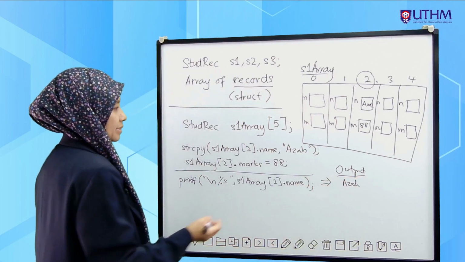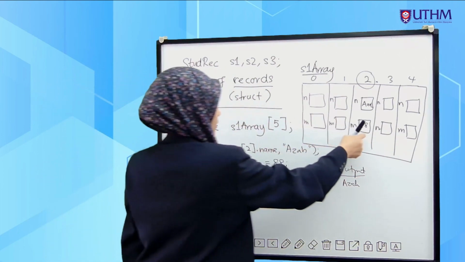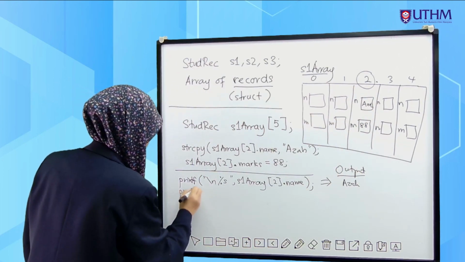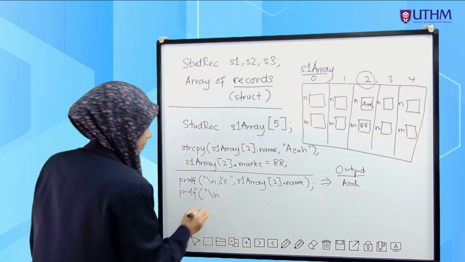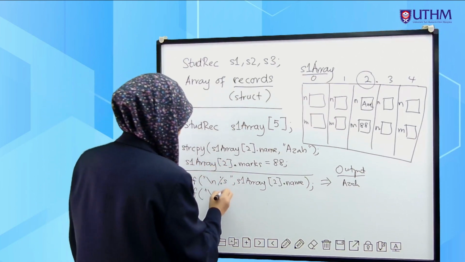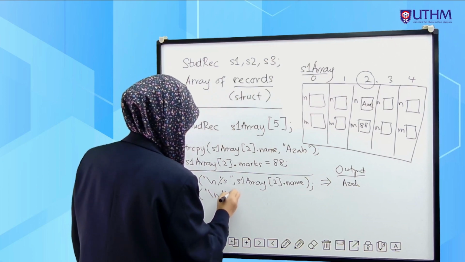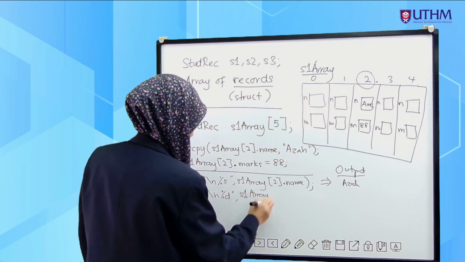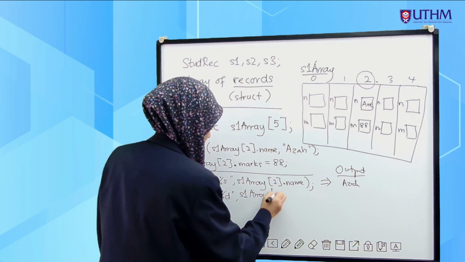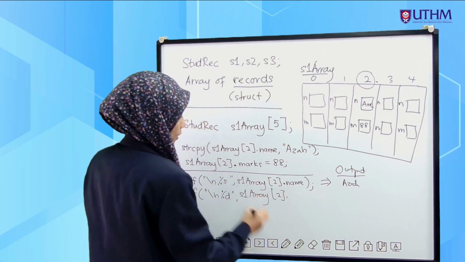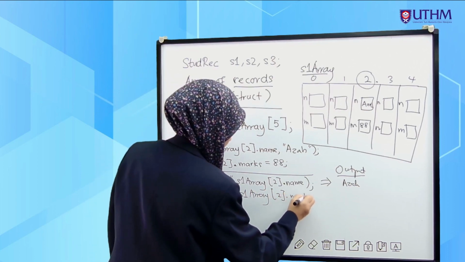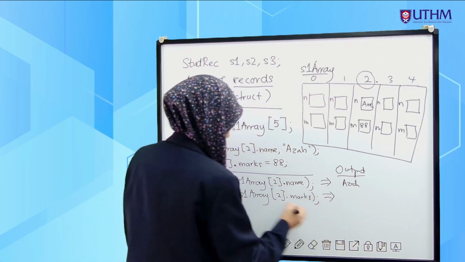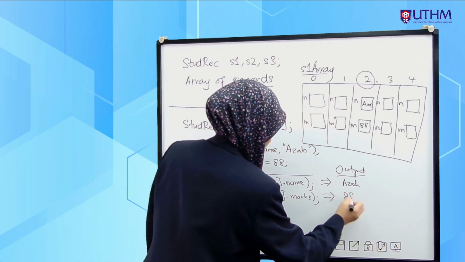Next, I want to display the marks at this index as well. So printf, \n, since marks is an integer data type, that should be %d, comma, S1 array, that is the array name, at index 2 dot marks. So eventually on your output screen, you will see the marks as 88.